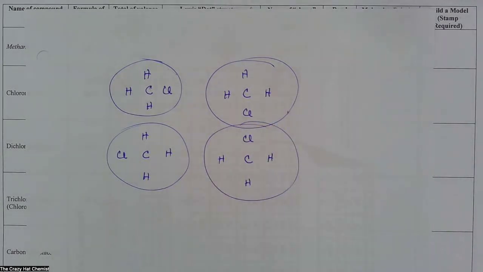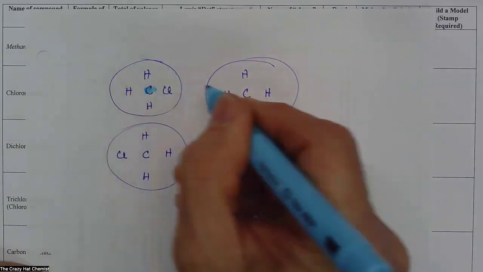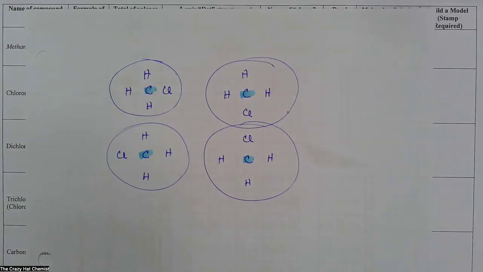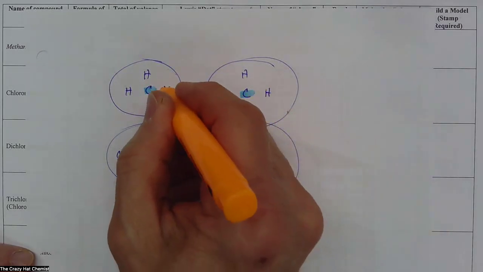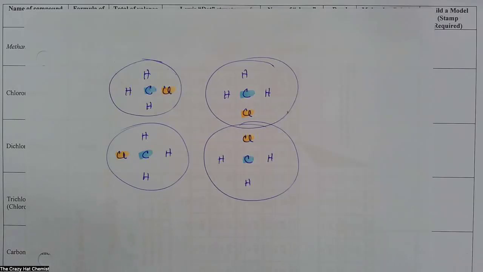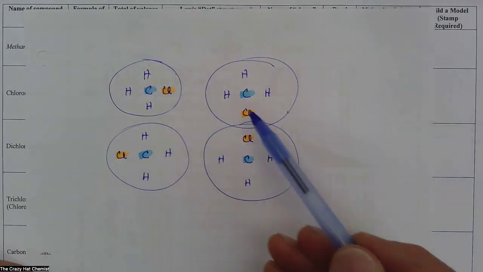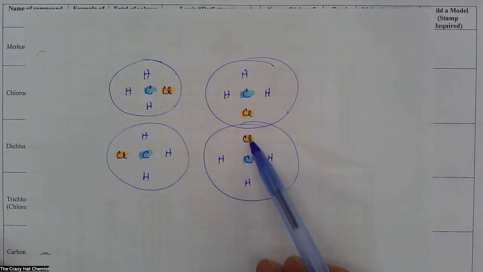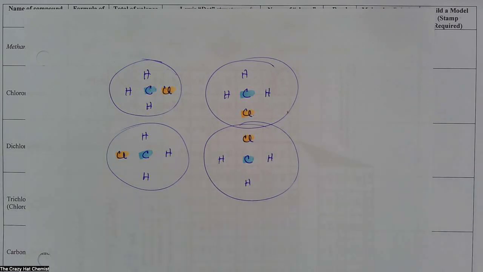That is the other possibility. Each one of these possibilities must have the carbon in the middle. That is critical because it's the least electronegative, and hydrogen cannot be in the middle. But the chlorine can be in any of the 3 o'clock, 6 o'clock, 9 o'clock, or 12 o'clock position. It actually doesn't matter. Any one of these four could be perfectly fine.